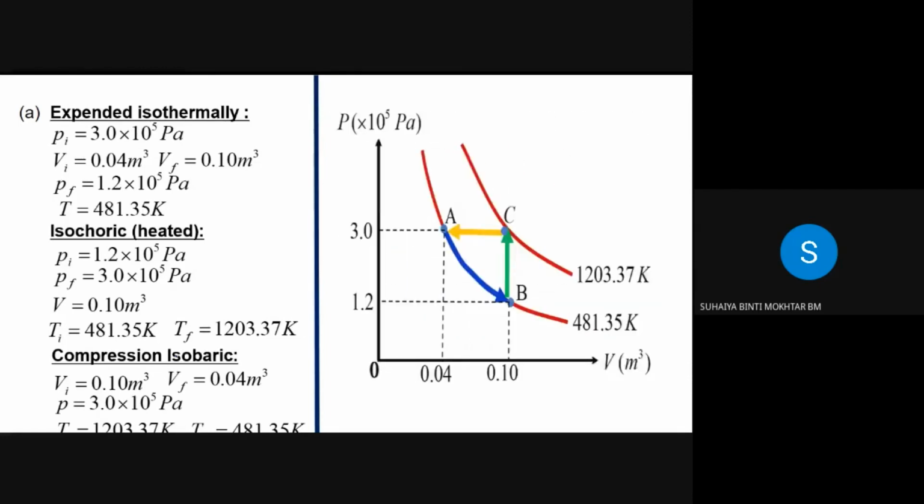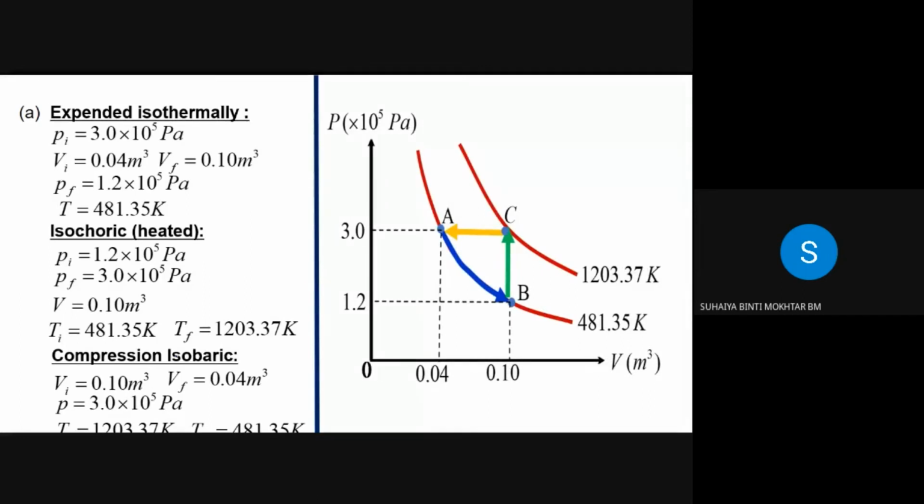Okay, so sketch the PV graph. We start. It expanded isothermally, so the volume increases. This is starting from A to B. Volume increases. The initial volume is 0.04 here, 0.04 cubic meter. Then the final point B here is 0.1.